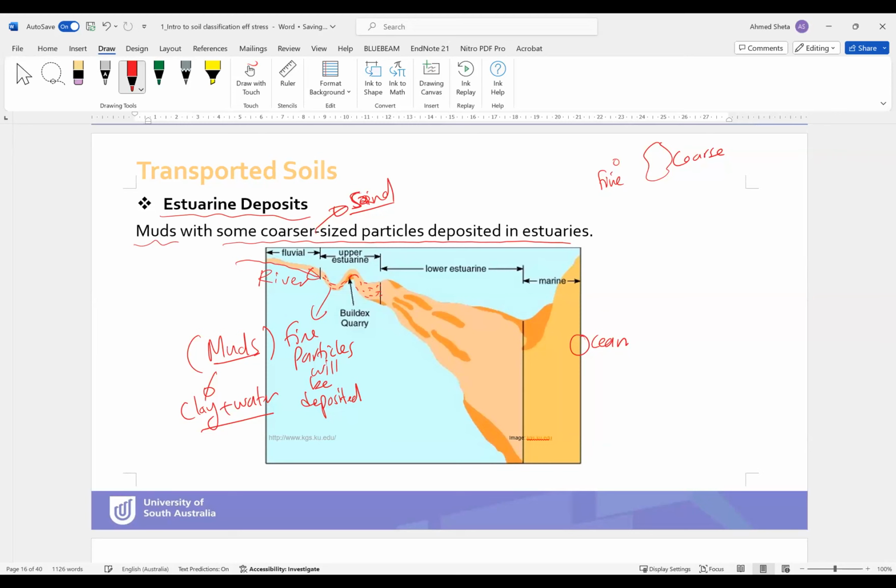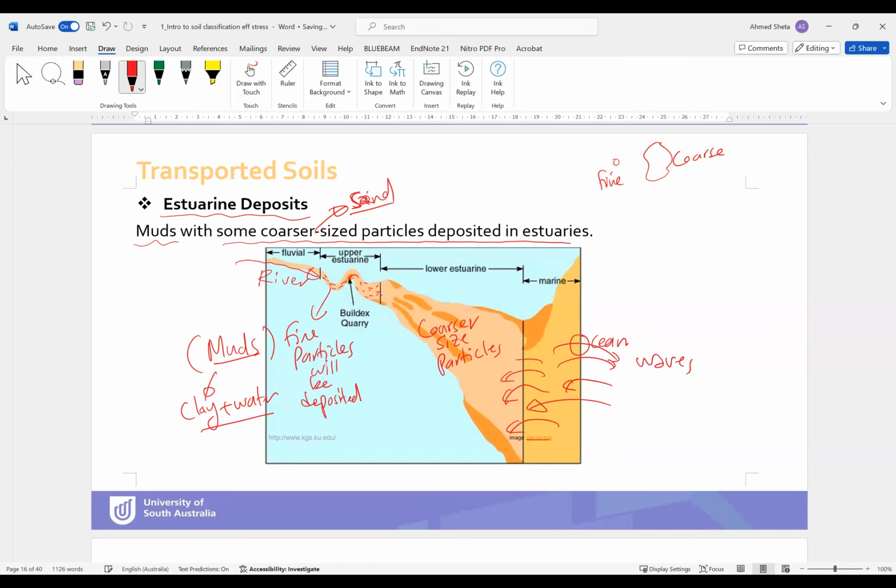So this is what happens in the upper estuarine. In the lower estuarine, which is very close to the ocean, we have coarser size particles, because we have the ocean here. The ocean has waves, as you know. The waves go in this direction, and then sometimes return back in this direction.